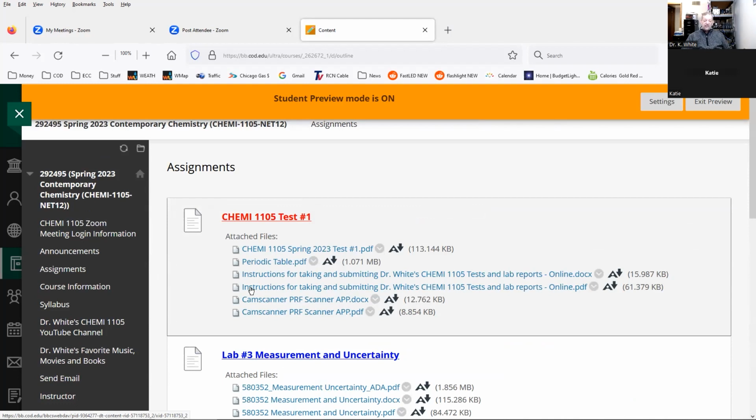I've included the instructions on how to make a PDF file with a cell phone if you don't have a scanner that does that. And if you want, I have information about CamScanner, and use the free version, which allows you to do that super easy with your cell phone. I've never done it, but many of my students have, and they like it.